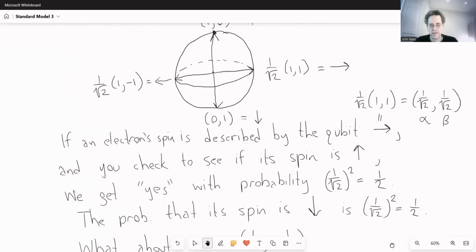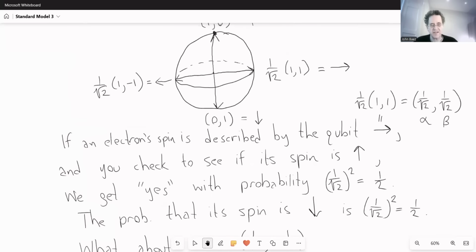And in fact, there are a lot more than just those two states that have a 50-50 chance of being either up or down. It turns out that all of these different possible ways that an electron can spin, where it's pointing in the equatorial plane here, sort of halfway between the North Pole and the South Pole, will correspond to some qubits, which I'm not going to bother writing down right now.